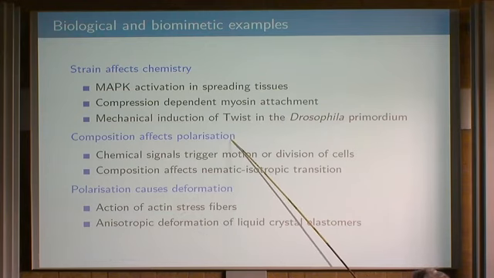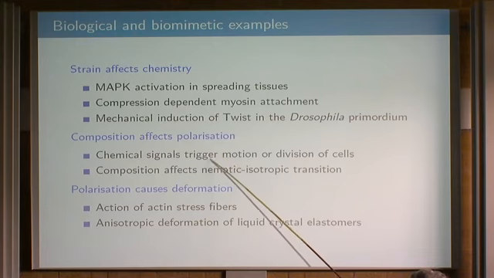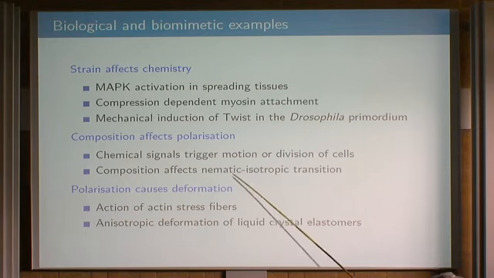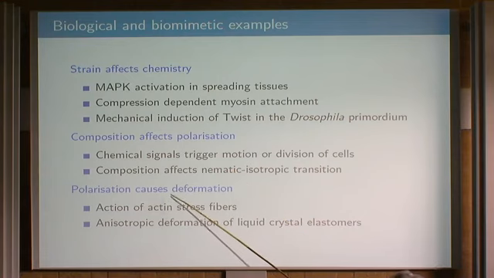Composition affects polarization, and this is, of course, all motion is triggered by some chemical signals which polarize the tissue or parts of the skeleton. And this we'll also see in biomimetic materials, about which I will talk a bit later. Polarization induces deformation.